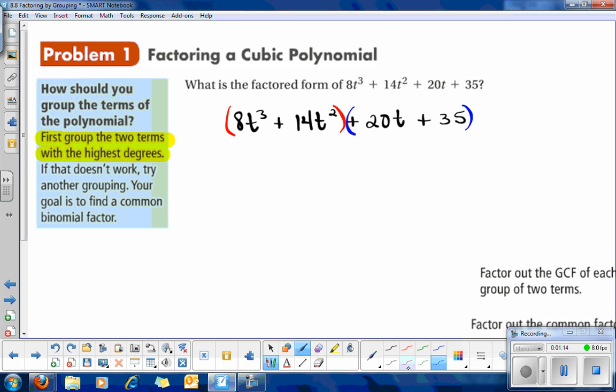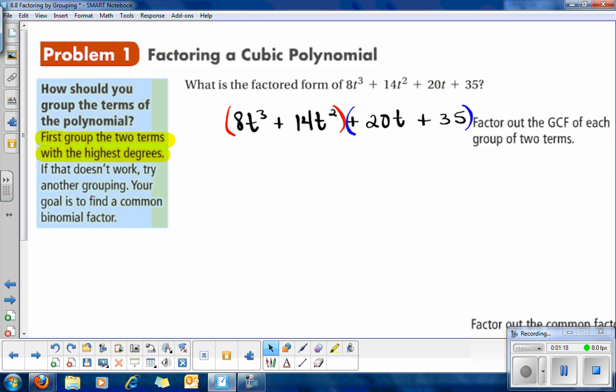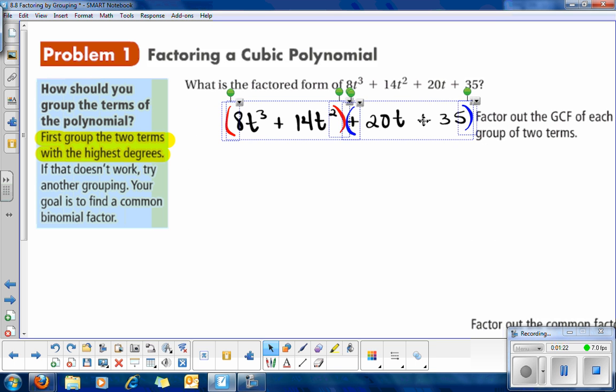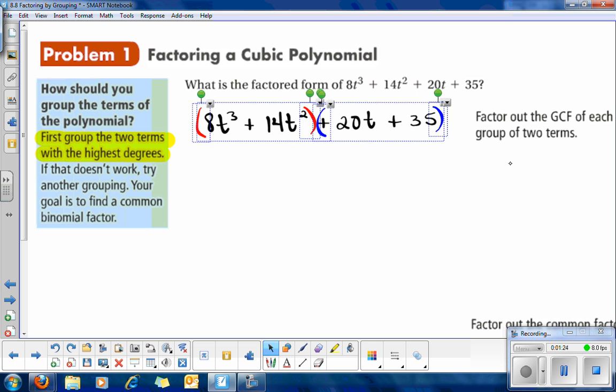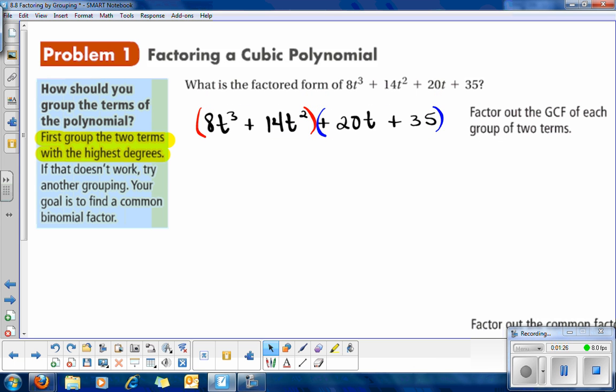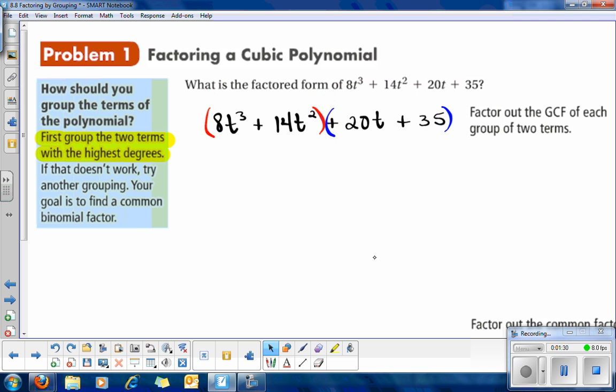Okay? Now after we group them, we're going to factor out the greatest common factor of each group of terms. Okay? So, for the first one, the greatest common factor is 2t squared.